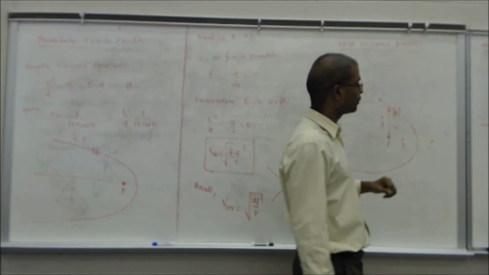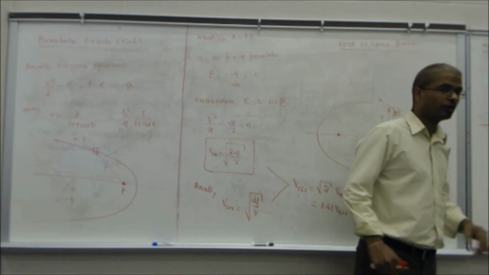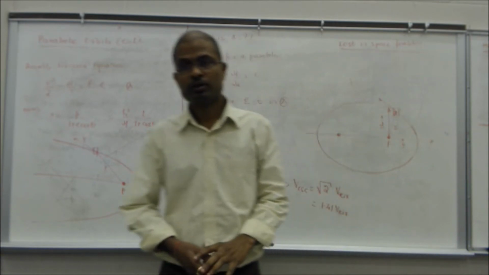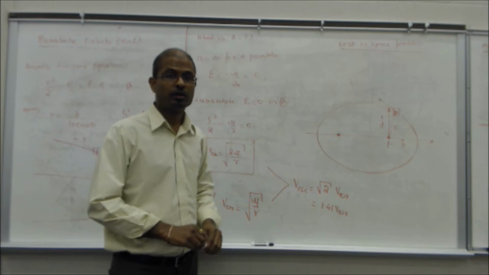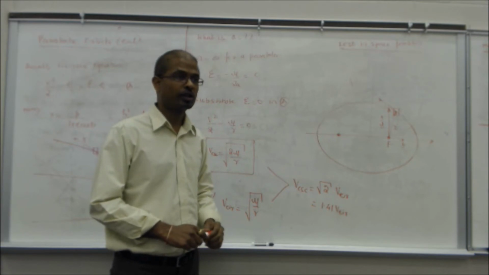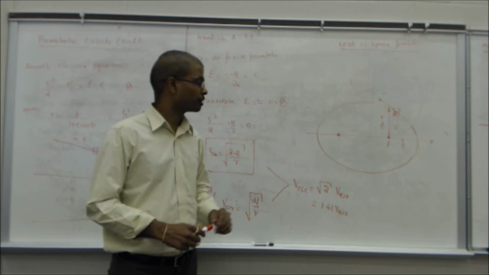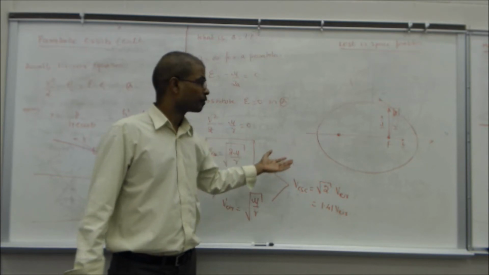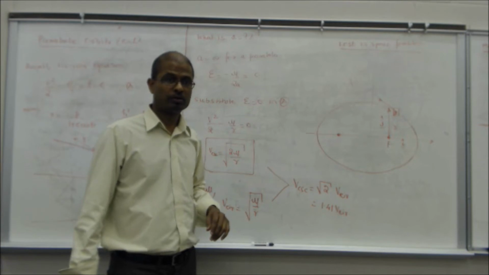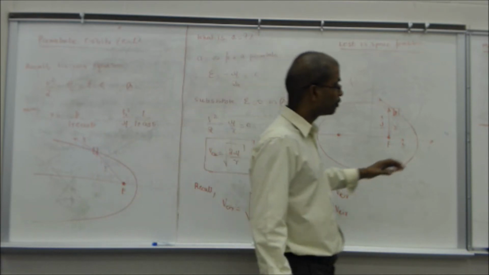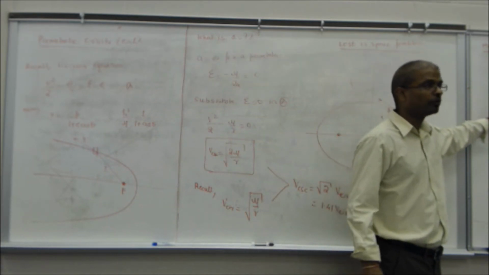So Newton's laws, what did we say in the orbit equation? That the orbit is a conic section, right? It could be a circle, ellipse, parabola, or a hyperbola. So the orbit equation proved that an orbit could be a hyperbola.